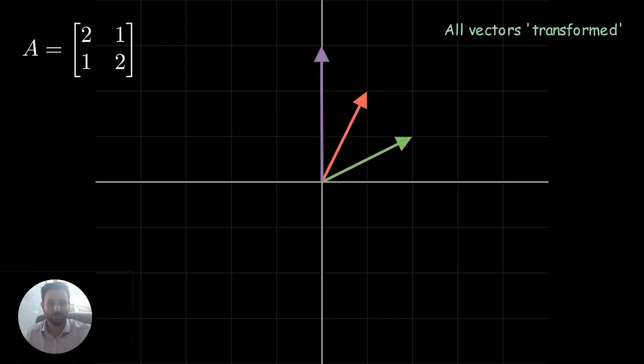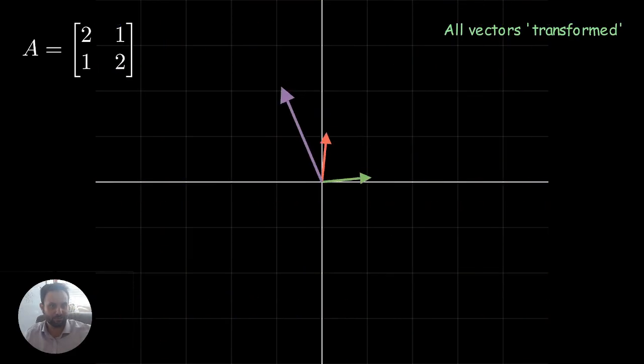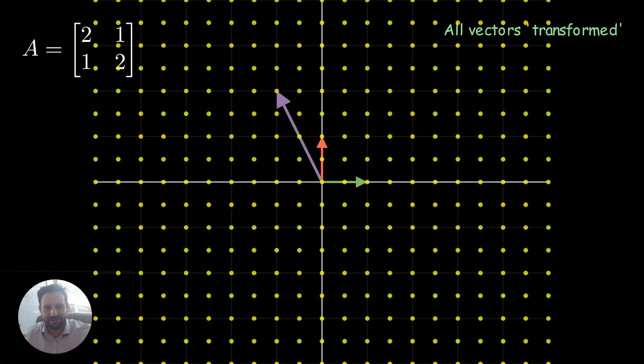I'm going to use the word transform for this because this matrix has some functionality. It takes the vectors as input and it transforms each and every one of them to their new locations. So let's discuss what happens in this transformation. What function, what information, what is the significance of this transformation?